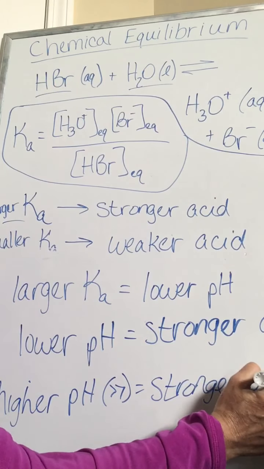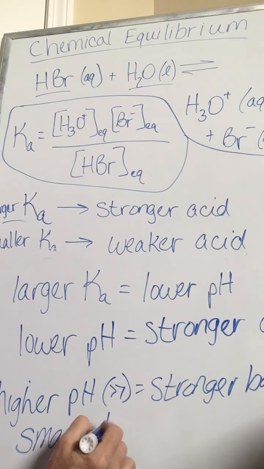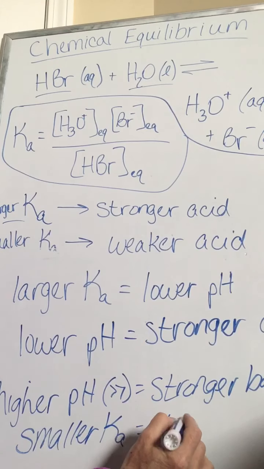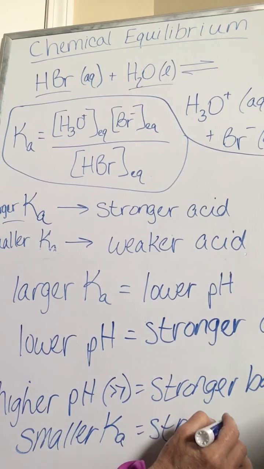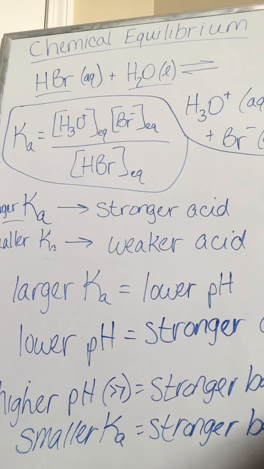All right, and so what that means is for a base, the smaller Ka equals a stronger base. All right, so smaller Ka, so the greater the minus sign in front of the exponent for 10.